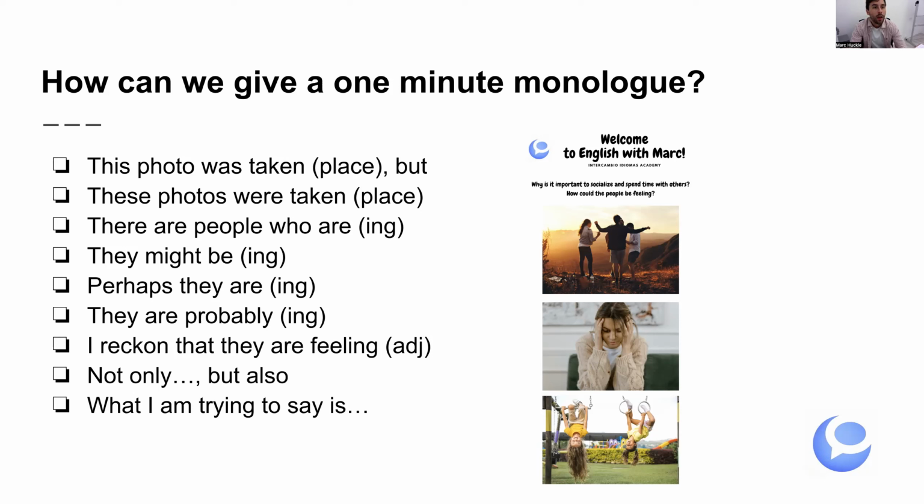So, I can see some photos of people socializing and hanging out. The first photo was taken outside, but the second photo was taken inside. These photos are very different because they were taken in different places.